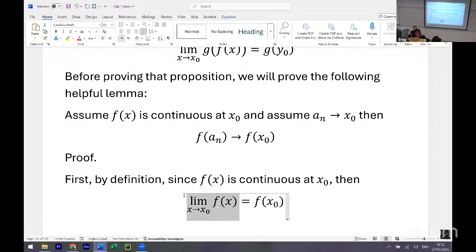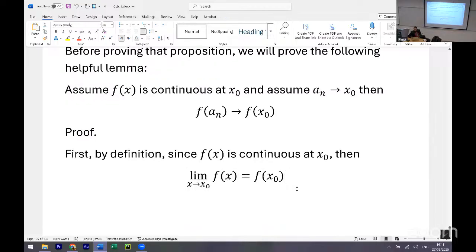We have two. Which one of them feels related to this theorem? The definition says, the limit when x goes to x0 of f of x is L. Let's call this L for a second. What does it tell us?